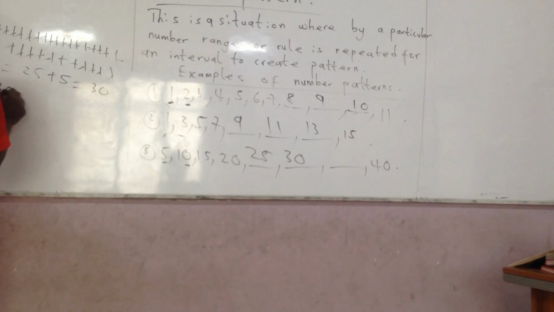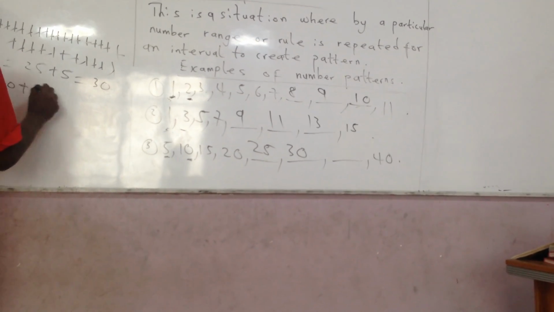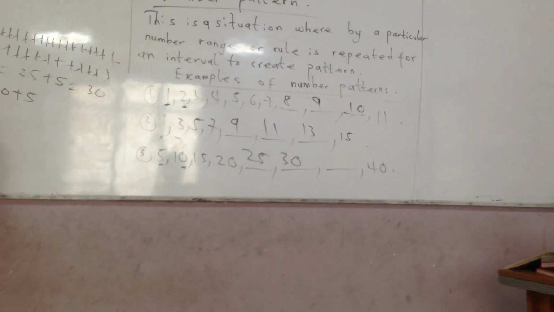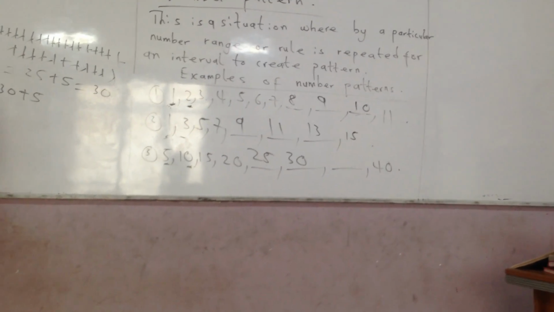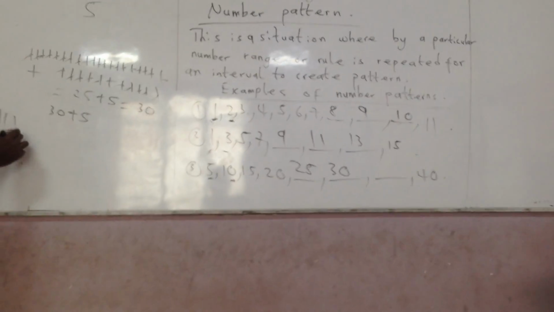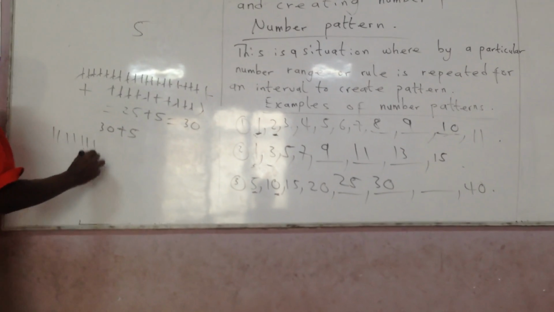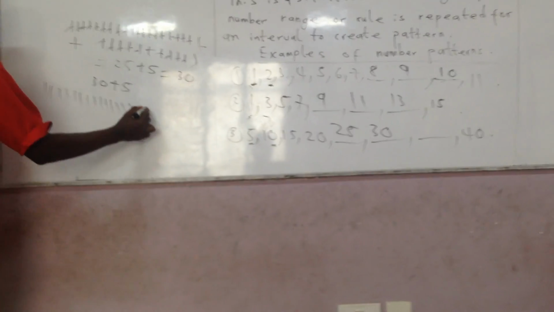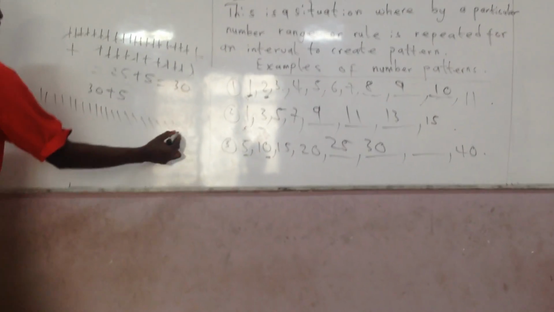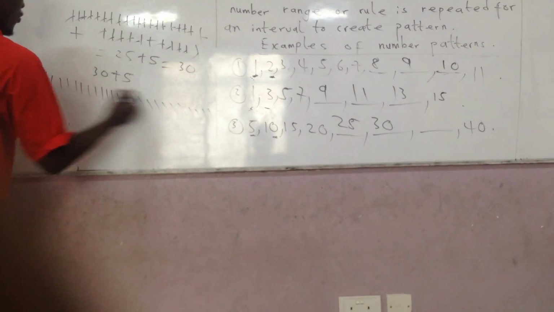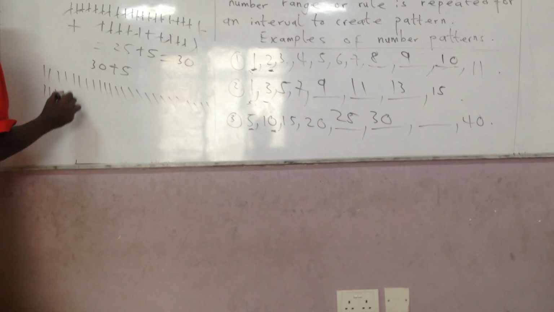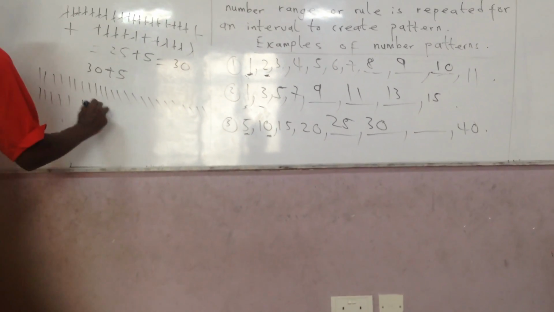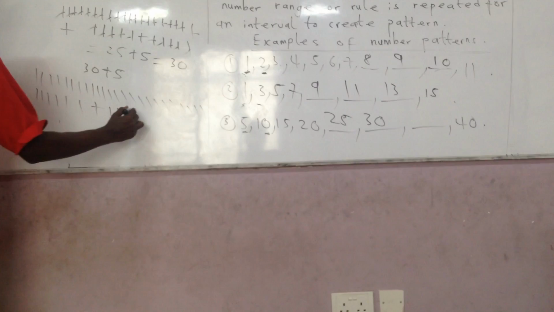So 30 plus 5. Let's count the 30: 1, 2, 3, 4, 5, up to 30, plus 5: 1, 2, 3, 4, 5.